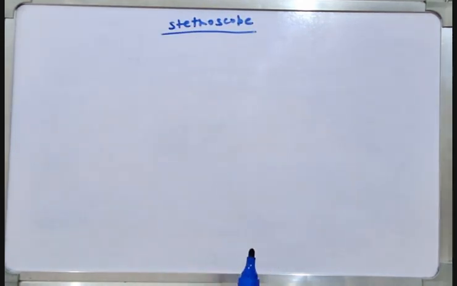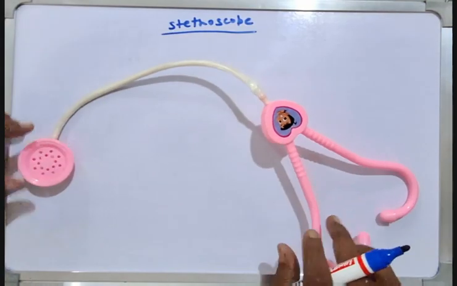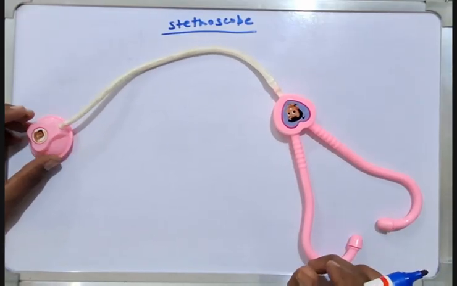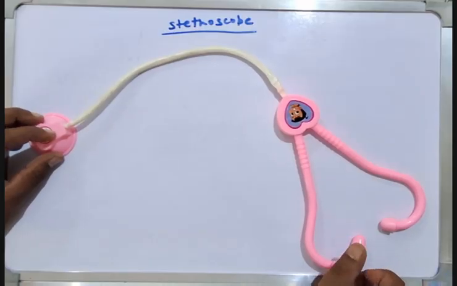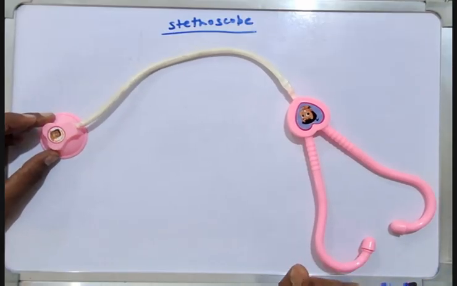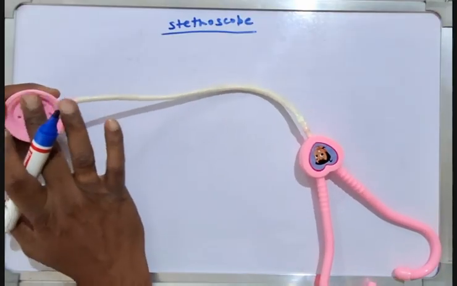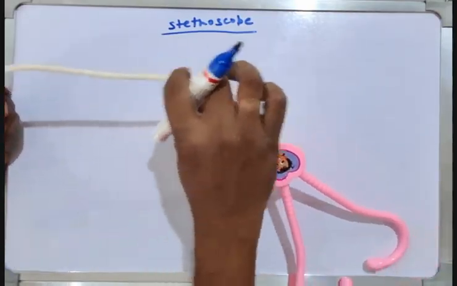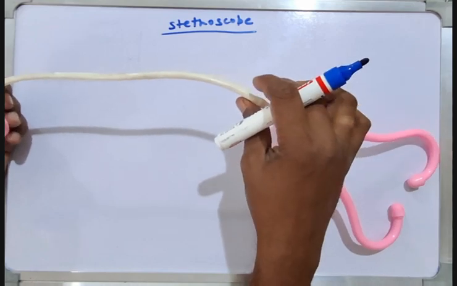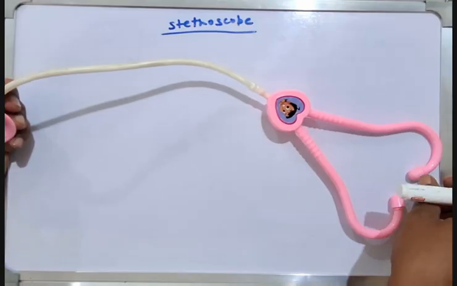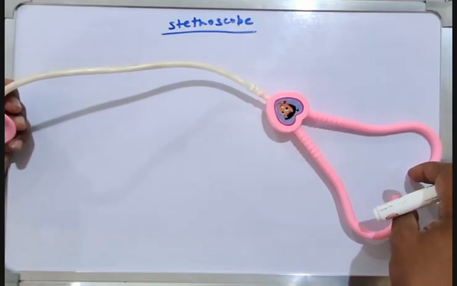See guys, this one is a prototype, exactly not the same. The doctor uses this whenever you visit. So here is a diaphragm, or this one is what guys, a tube. And he listens to your heartbeat with this.